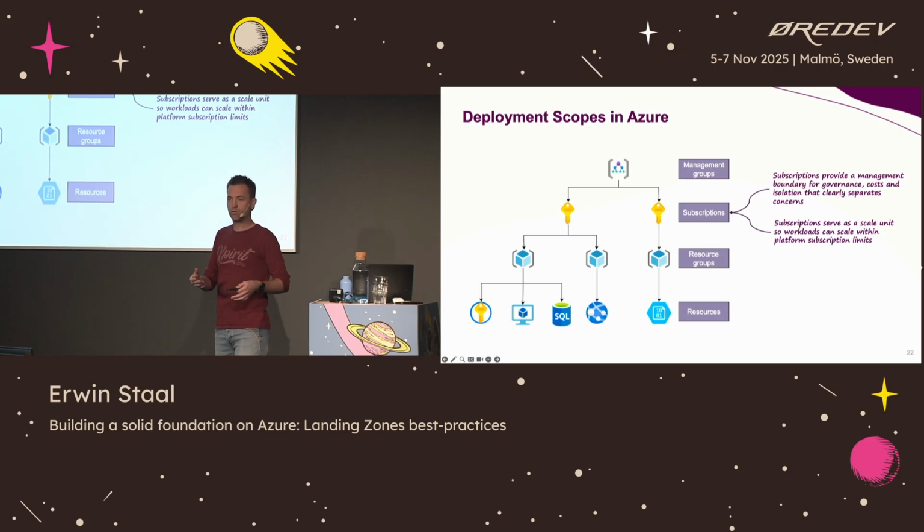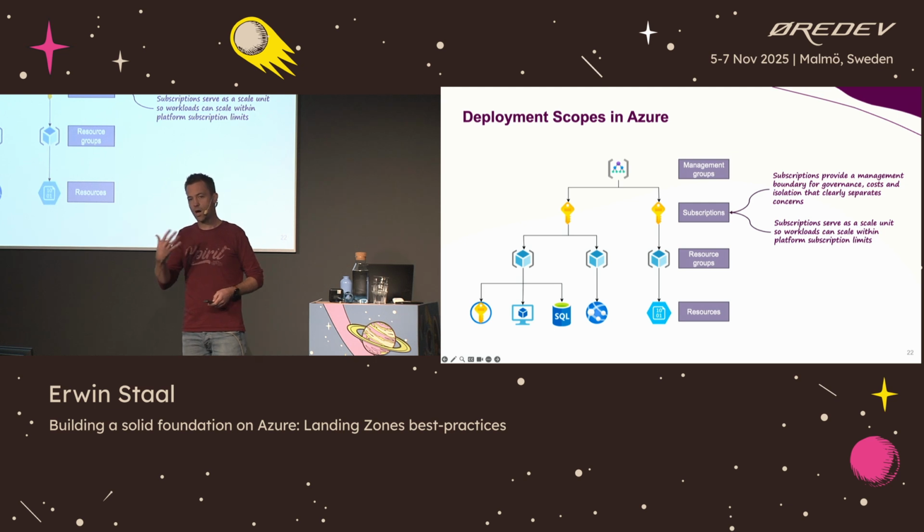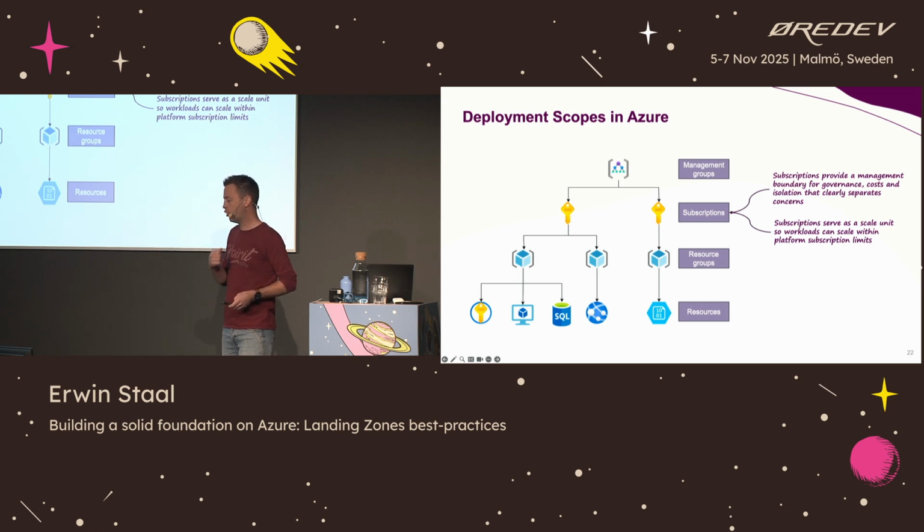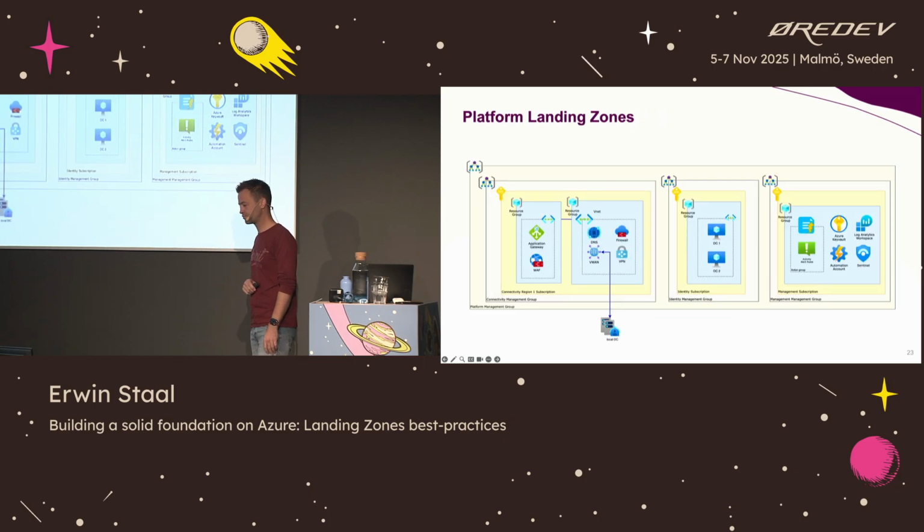And I gave the example of the CPU limit. That's one that, especially nowadays, you can quite easily raise. But there's quite a few more limits on the subscription level that you can't change. So the subscription, therefore, is an ideal level of deployment scope to work with. And you can actually create an unlimited number of subscriptions. So there's no scale issue there.